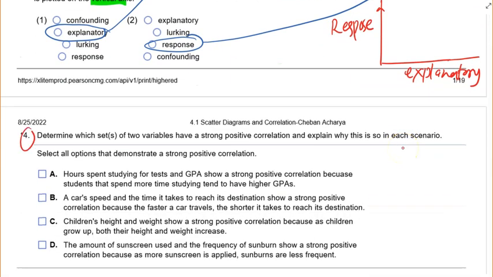Question number 4. Determine which set of variables has a strong positive correlation and explain why this is so. Here are different variables and you have to identify which two variables have a strong positive correlation.